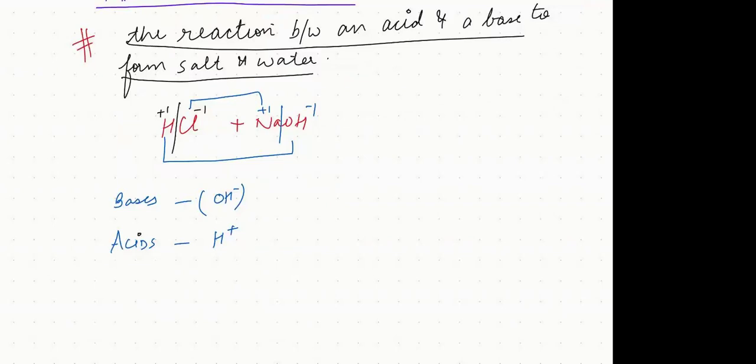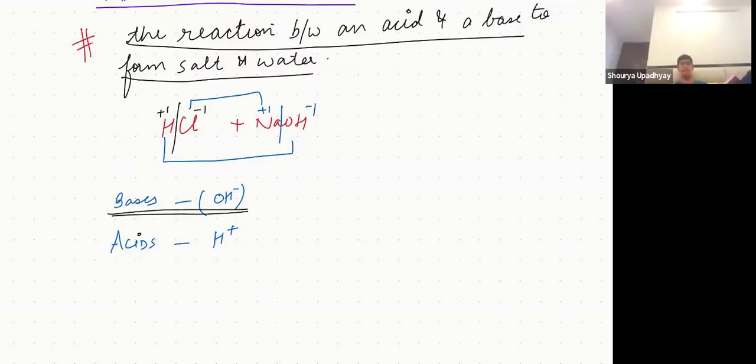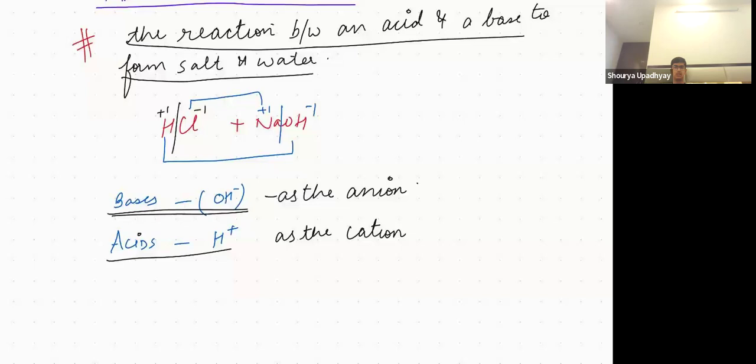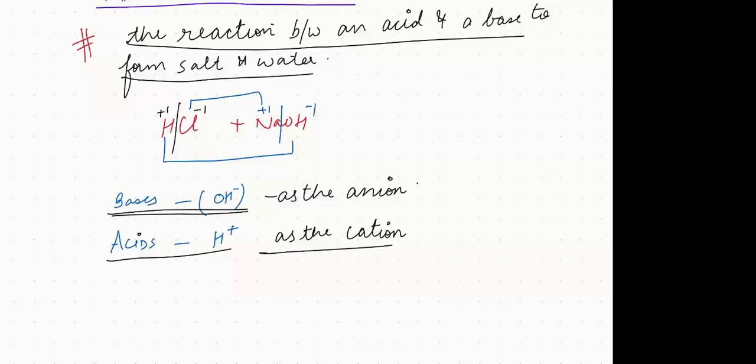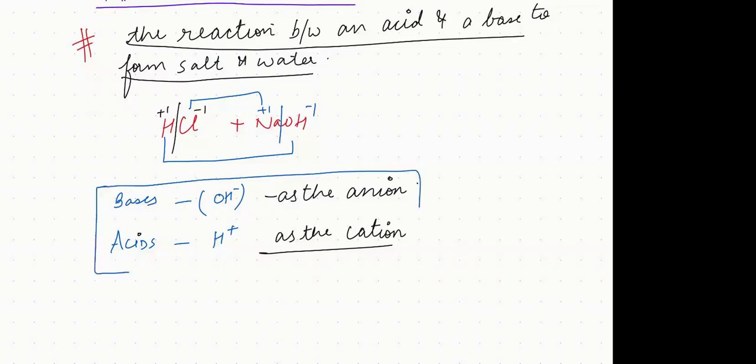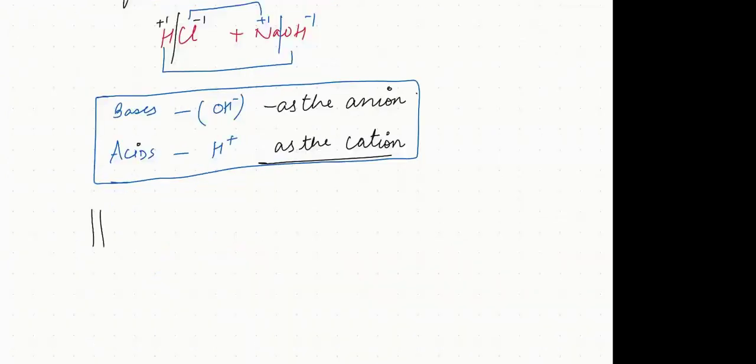Bases contain OH negative as the anion, and acids contain H plus as the cation. Did you understand my point? So when we take NaOH and add HCl, HCl breaks down into H plus and Cl negative, and NaOH breaks down into Na plus and OH negative.